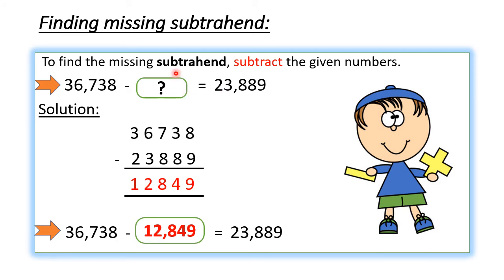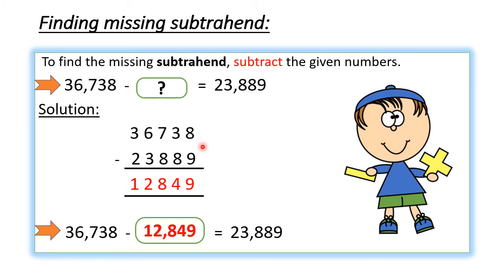And you know that whenever we have to find the missing subtrahend, we will subtract the given numbers. What are the given numbers? Given numbers are the minuend and the difference. So in the solution, again we will write these two numbers in the vertical form first, before starting subtraction.